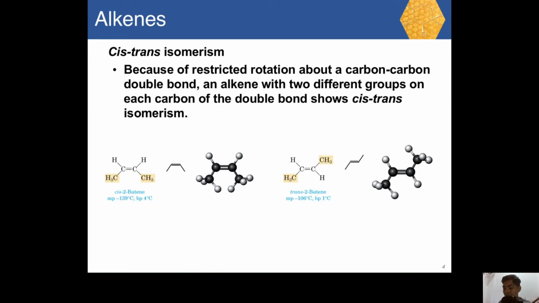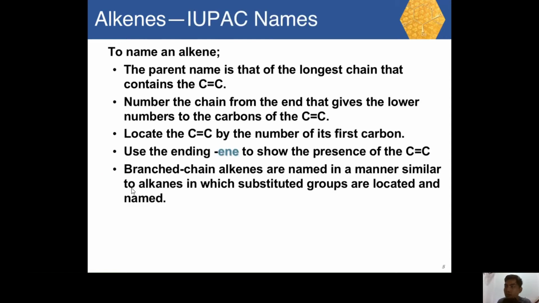Okay? So ngayon, paano natin papangalanan ang ating alkenes, no? Paano na rin natin papangalanan yung alkynes na rin, no? So the rules for naming alkenes and alkynes are similar with alkanes, no? So, basta alam nyo yung pagpangalan ng alkane, kayang-kaya nyo pangalanan yung alkenes and alkynes. Madali lang. Okay?